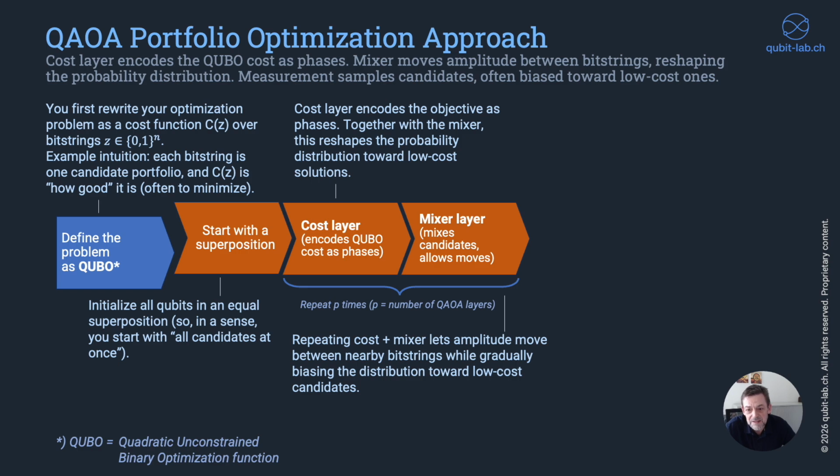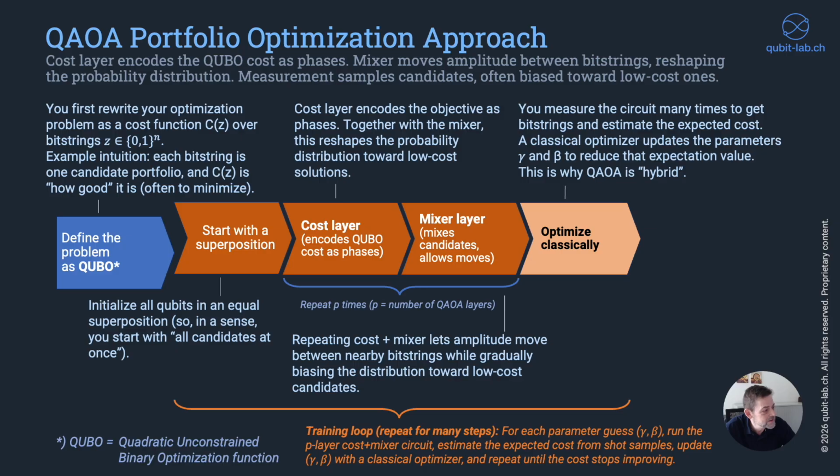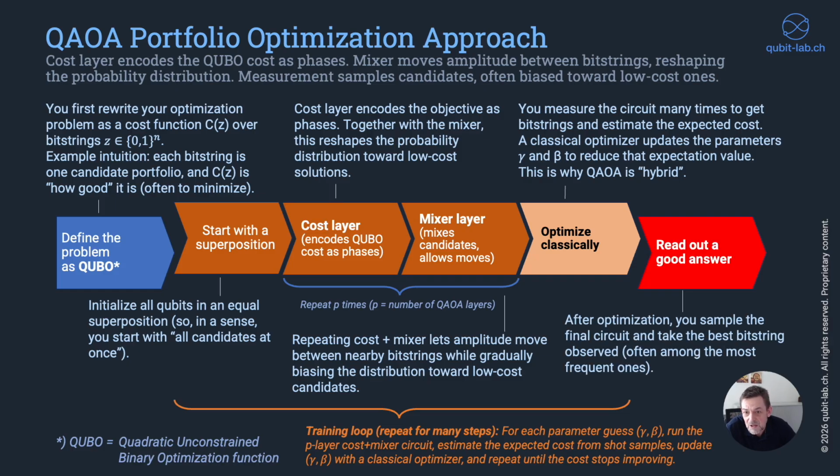Finally, we run a classical optimization loop that tunes the QAOA parameters to minimize the expected cost. Once the parameters are optimized, we execute the circuit with many shots and read out the best bit strings from the measurement outcomes. So this is how QAOA works in a nutshell.